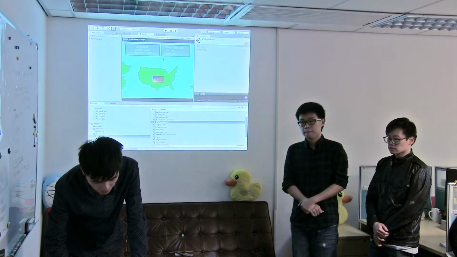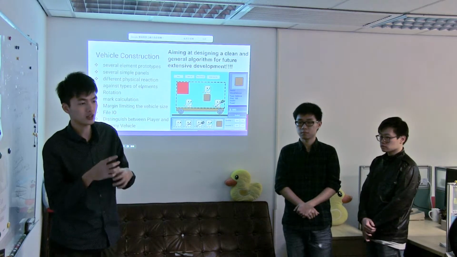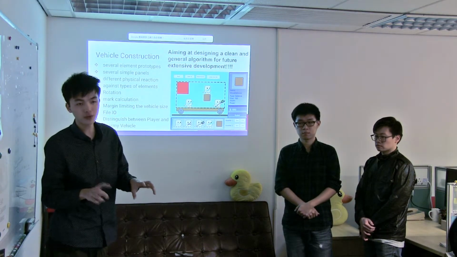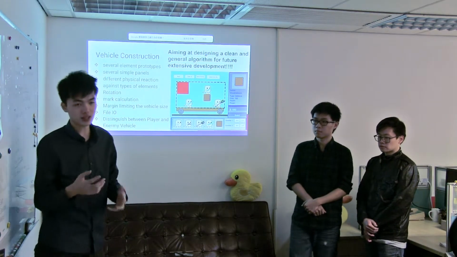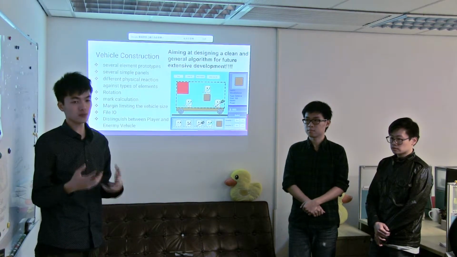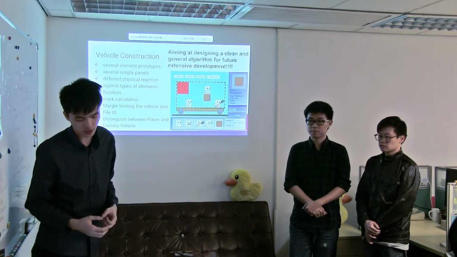So for the vehicle construction, we are actually able to build several element prototypes. You see some minions with different kinds of weapons and some defense, some roof boxes. And we implemented some simple panels, so you can drag and drop different kinds of elements and do some modification.